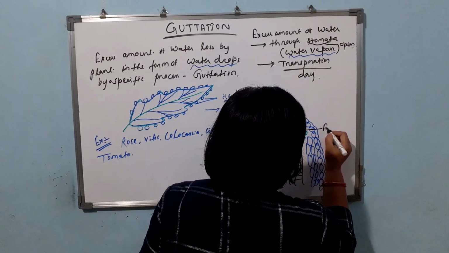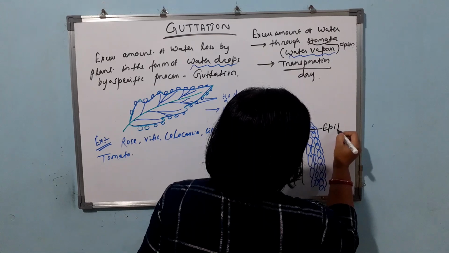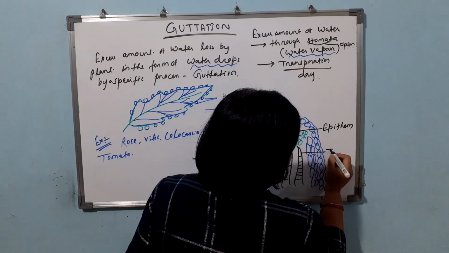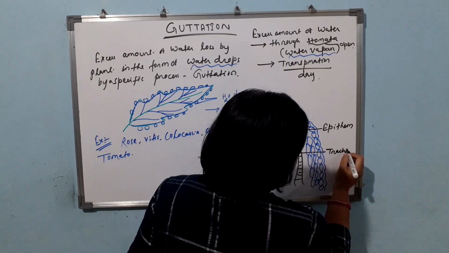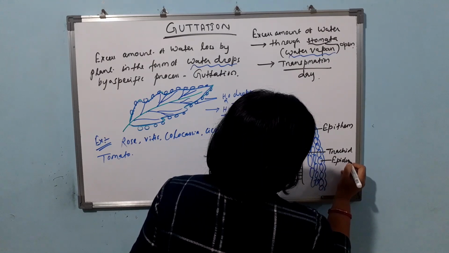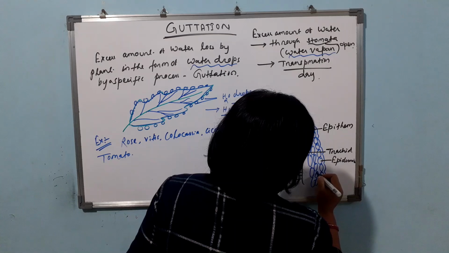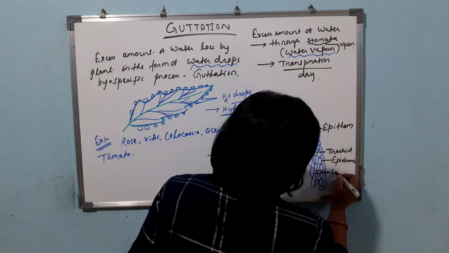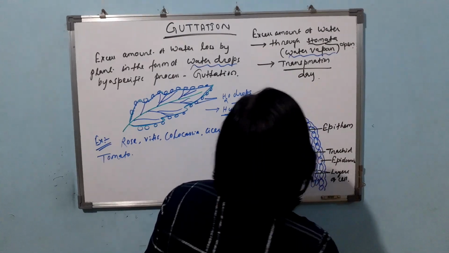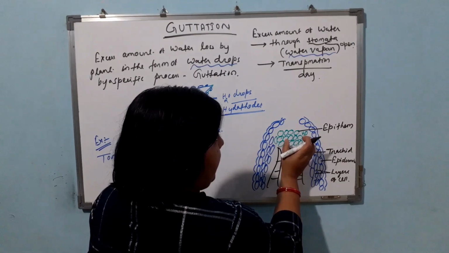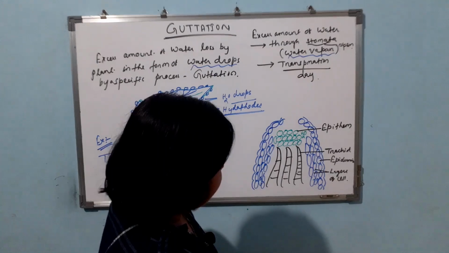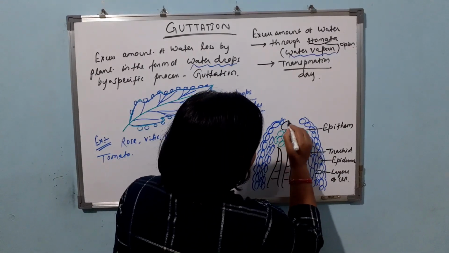These are the epithems. First we will label it. This is the epithem. This is the tracheid. This layer is the epidermis. These are the layers of cells. Above the epithem, there is a large air cavity.